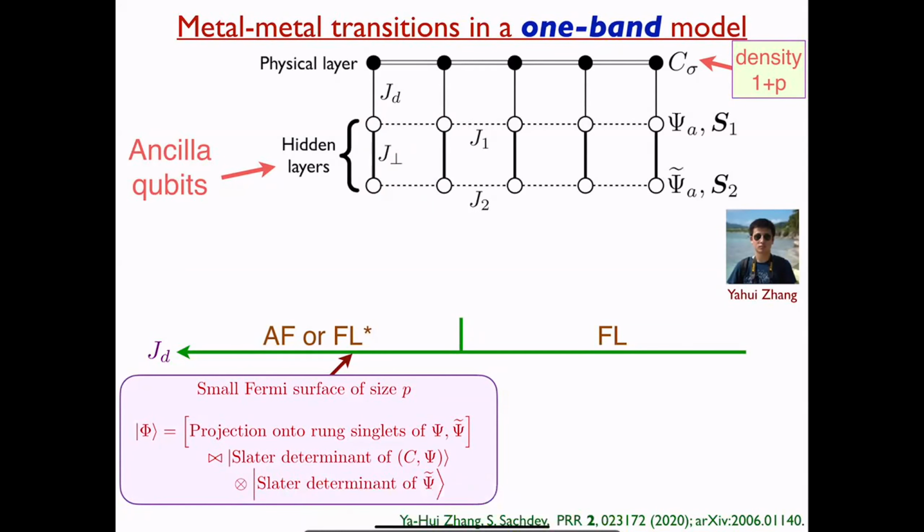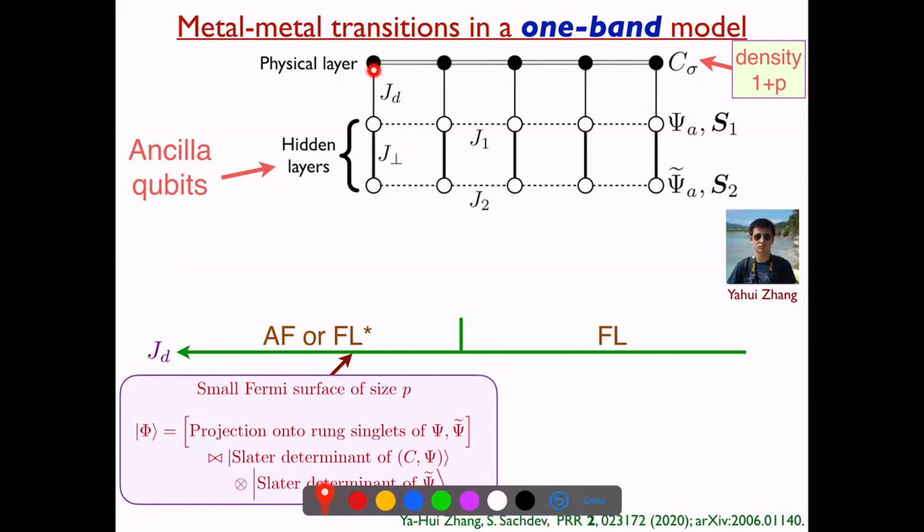Well, if you now look at these two layers which form their own Slater determinant, how many electrons do they have? Well, they have 1 here and 1 plus p here, which is 2 plus p. So 2 plus p mod 2 is p. So effectively, in the end, you only have p carrier density modulo filled bands.